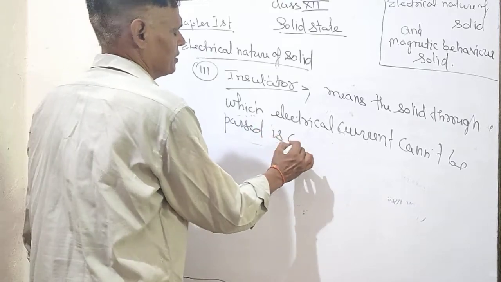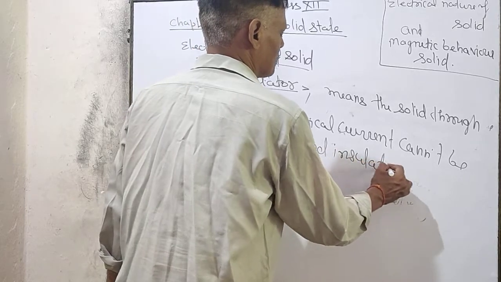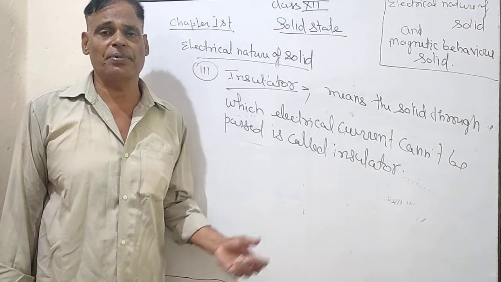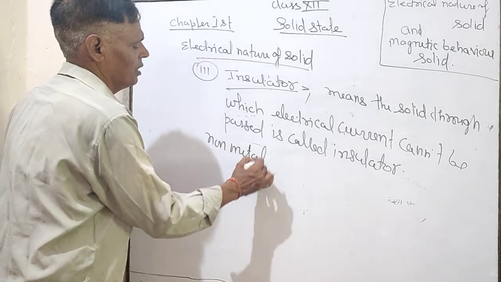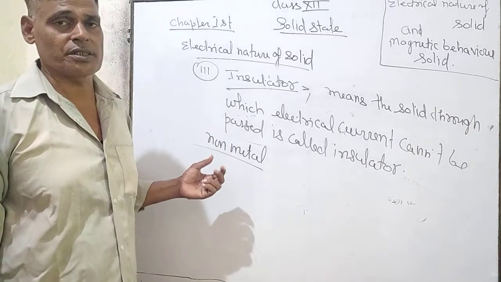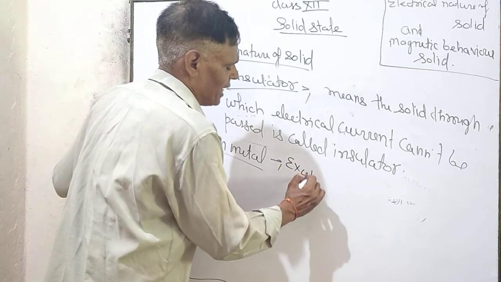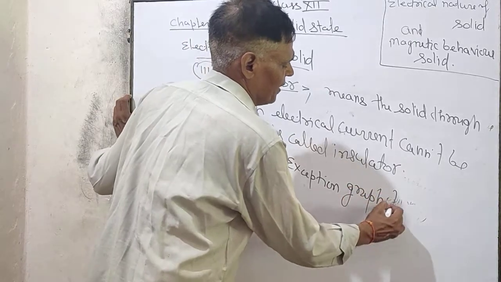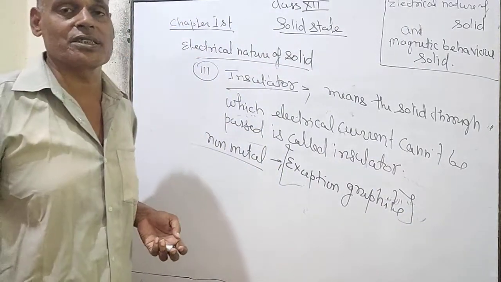The example is very easy: non-metals. Normally all non-metals are insulators, and one exception is graphite. Graphite is the only non-metal which conducts electricity.